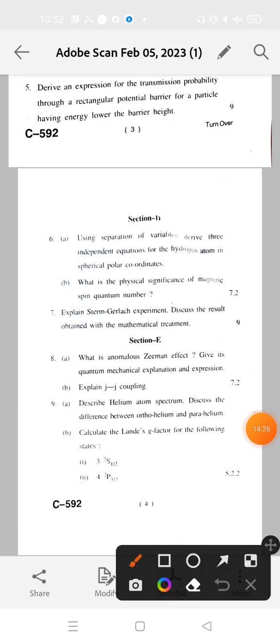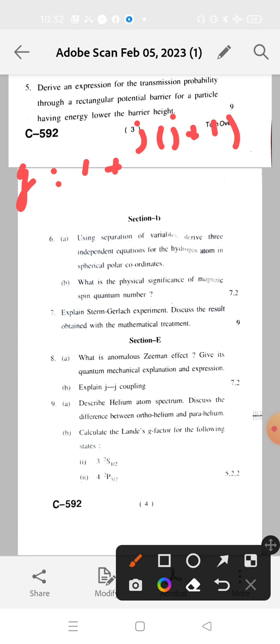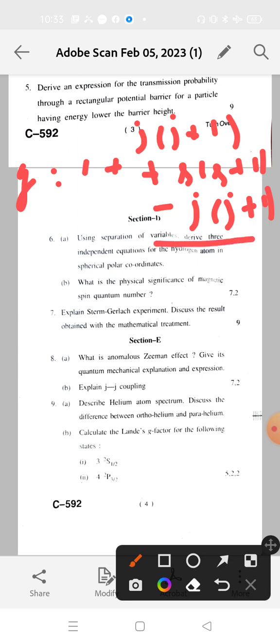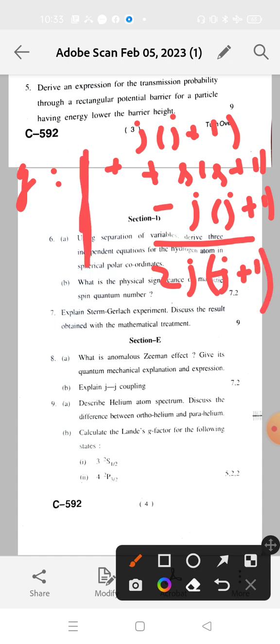I will write here. g is equal to 1 plus [J(J+1) + S(S+1) − L(L+1)] divided by 2J(J+1).